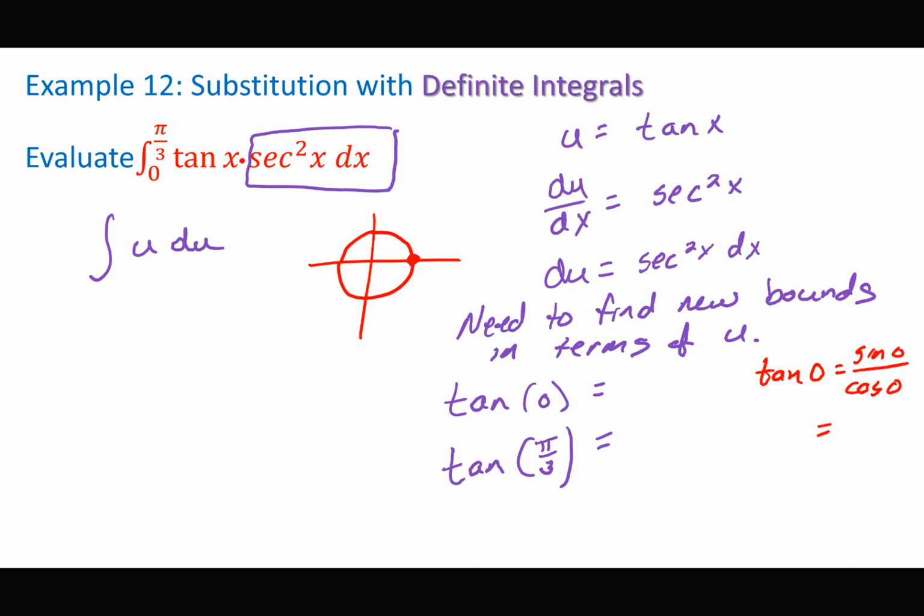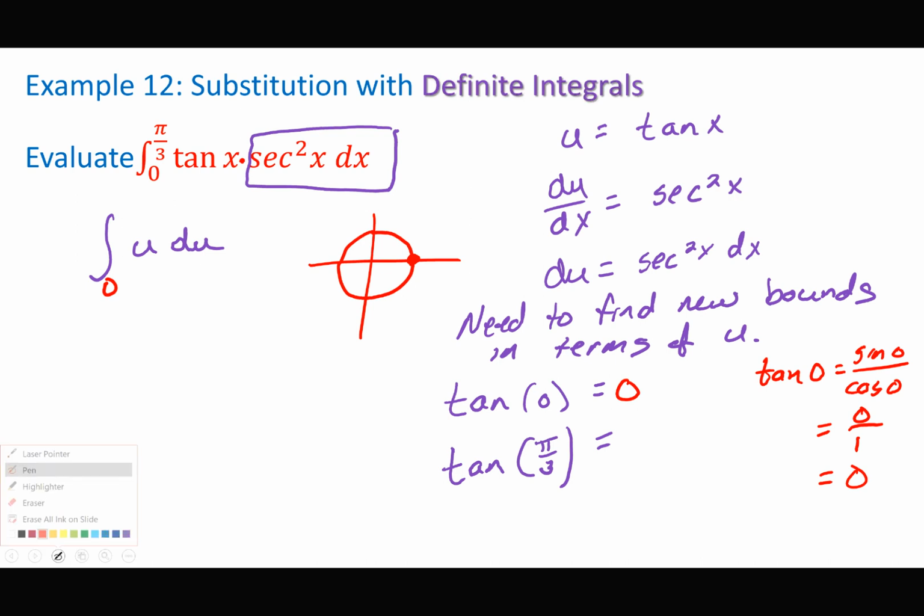What is the sine of 0? 0. What is cosine of 0? 1. So tangent of 0 is what? 0. So my new lower bound in terms of u is 0, but we had to confirm that it would be that. Okay, it's not a guarantee it's always going to stay the same.